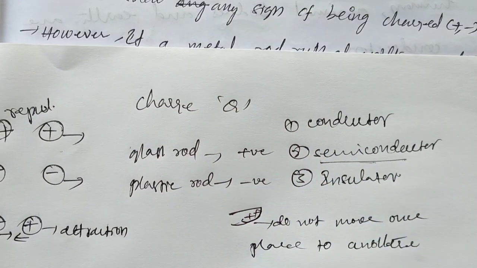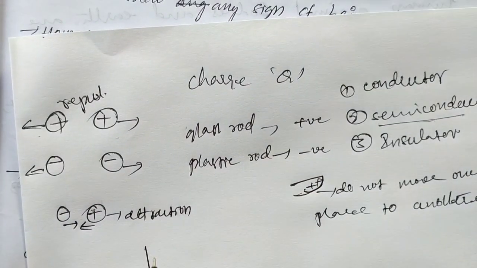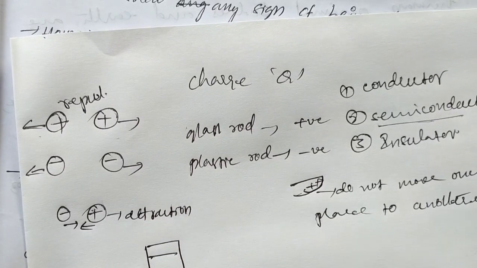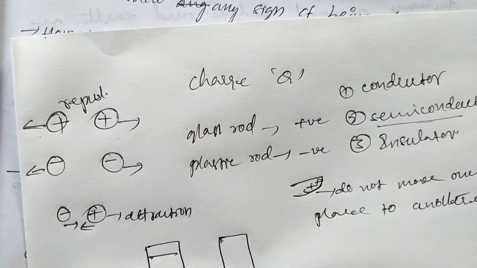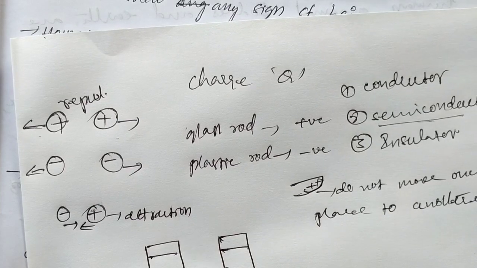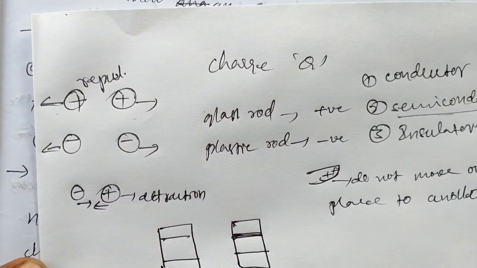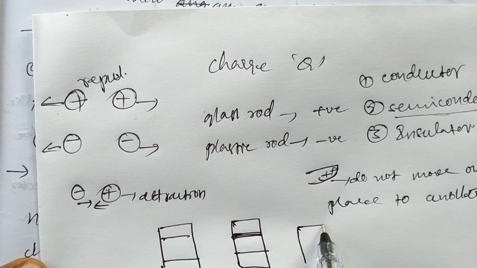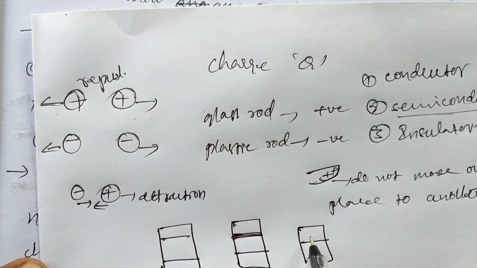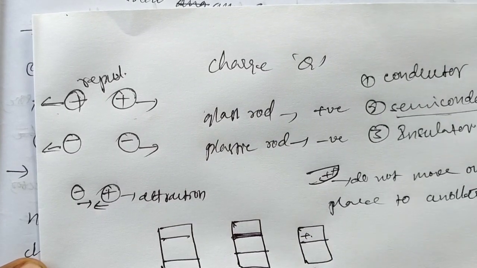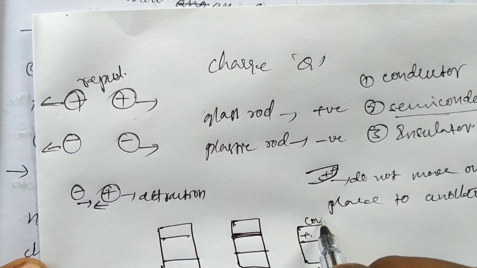Now in the case of band gap, this is the insulator, this is the semiconductor, and this is the conductor. There is a valence band and a conduction band.